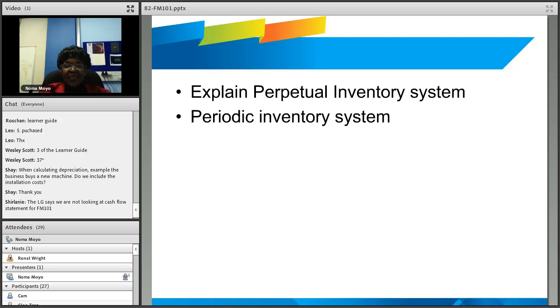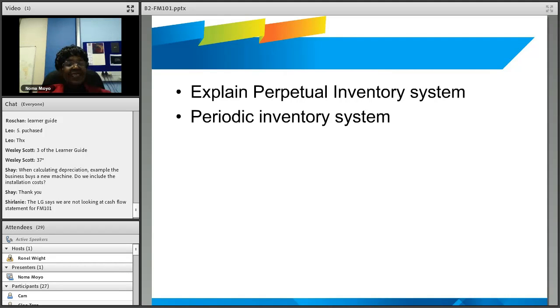Okay. Now, let me explain about perpetual inventory system. Perpetual inventory system, usually you are given the cost of goods because they're in such a nature that it's easy to say the cost is so much. You have noted that sometimes in some questions, you are given the cost of goods.